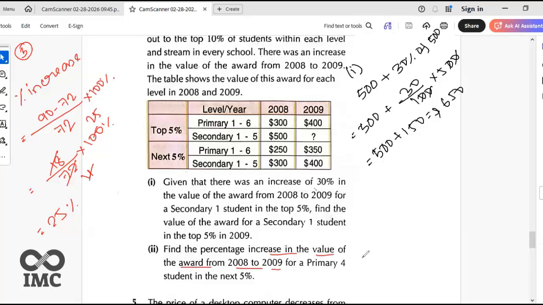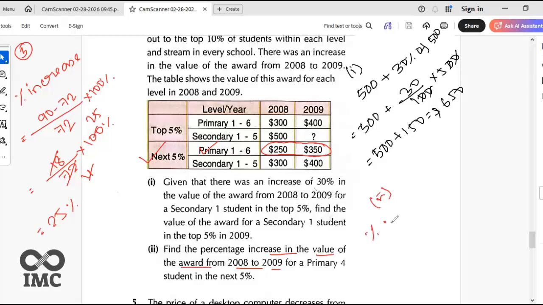Now the second question says, find the percentage increase in the value of the award from 2008 to 2009 for a primary 4 student. In the next 5% primary students, this is the data. In 2008, the scholarship was $250, and in 2009 it is $350. So what is the percentage increase? This is our question.